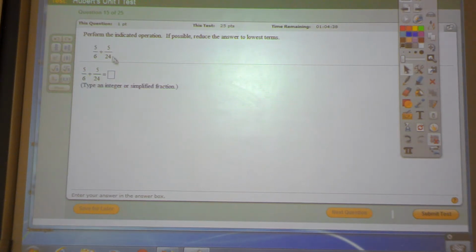5/6 plus 5/24. Well, what's the common denominator of 6 and 24? 24, Hubert. 6 will go into 24 how many times? 4 times 5 is? 20. 20 plus 5 is?